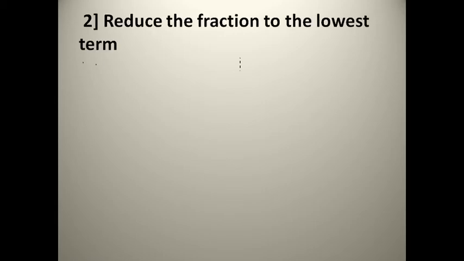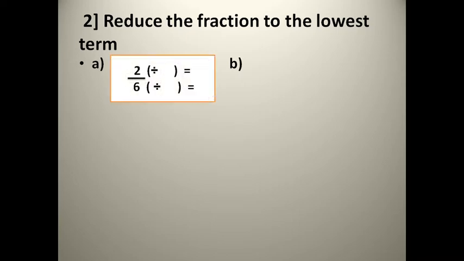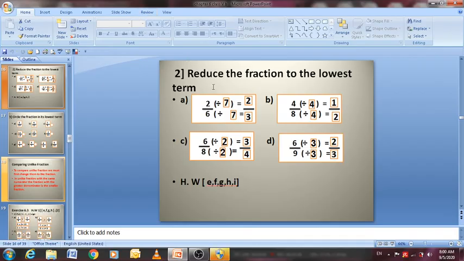Now exercise 2, reduce the fraction to its lowest term also. Now here 2 and 6. Look here, first we try 2, so we can divide 2 by 2 and 6 by 2. So we will divide by 2. Here we put 2 and here also 2.